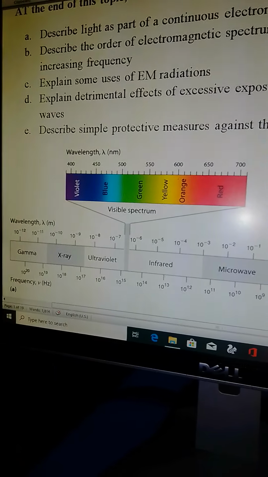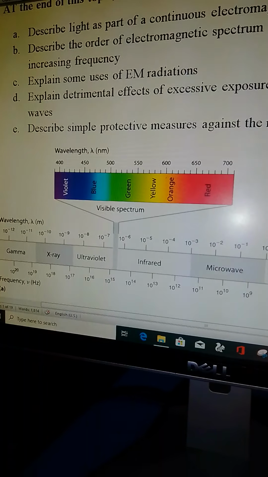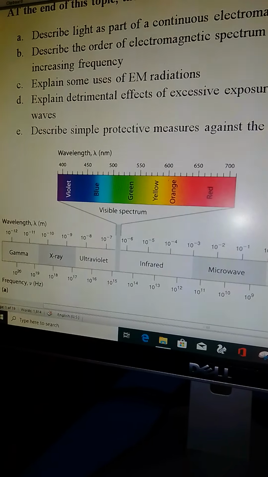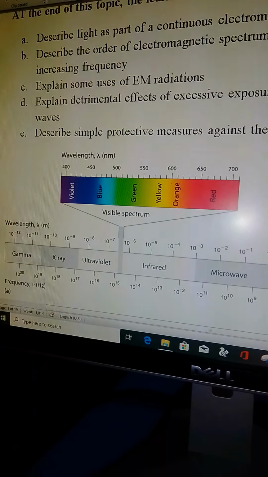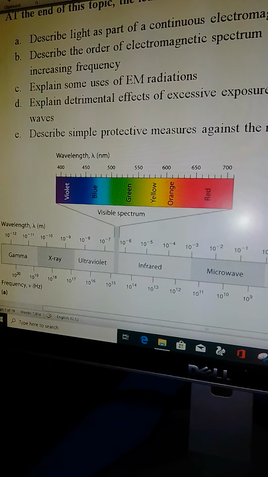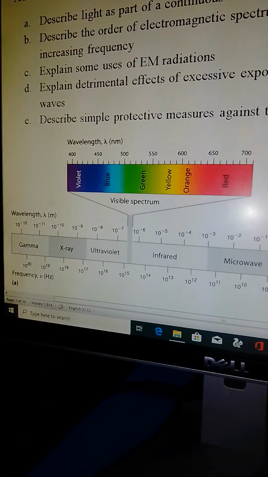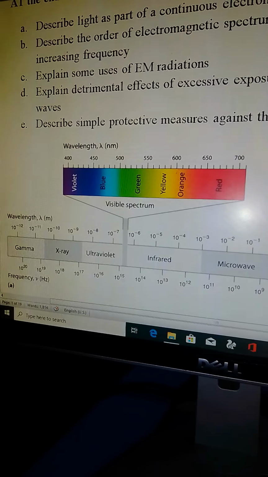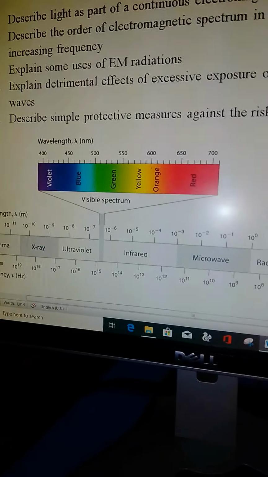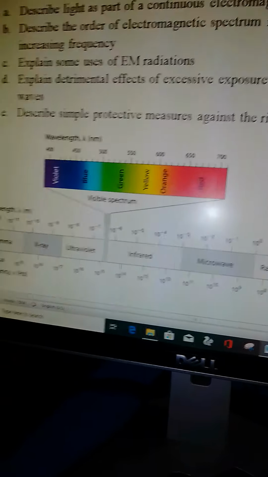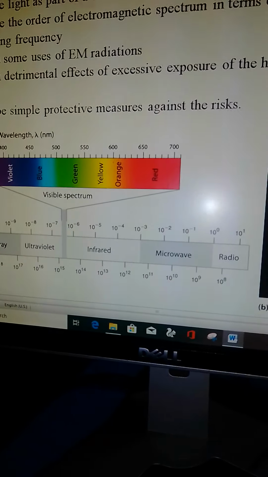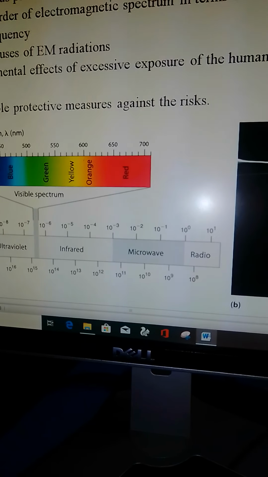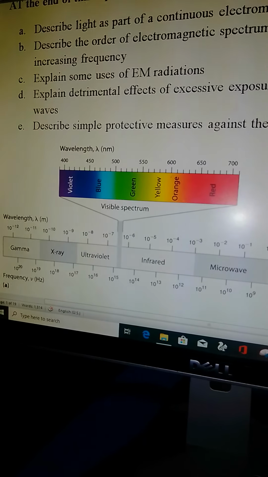Now, the electromagnetic spectrum is produced by the interaction of magnetic and electric fields. Spectrum means that there's a range of at least seven, and in this case we have gamma, X-ray, ultraviolet, infrared, microwave, and radio waves.